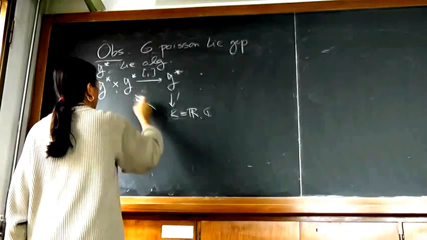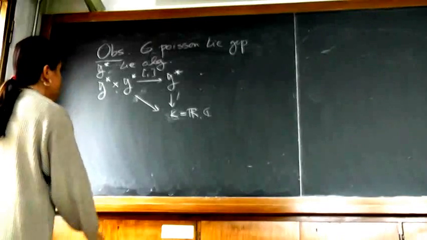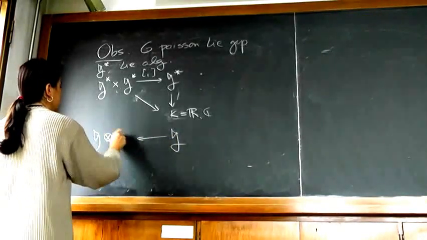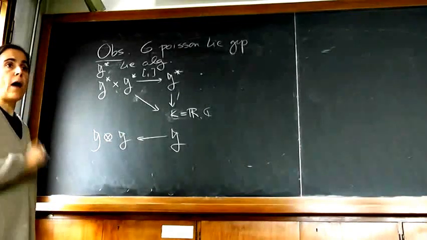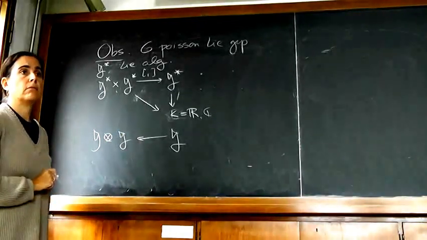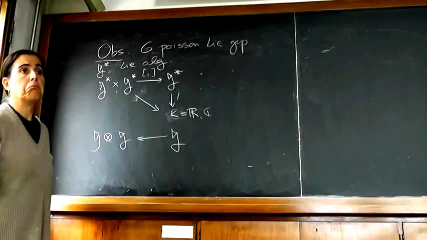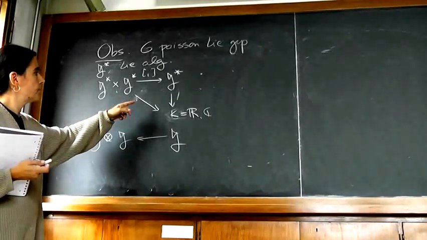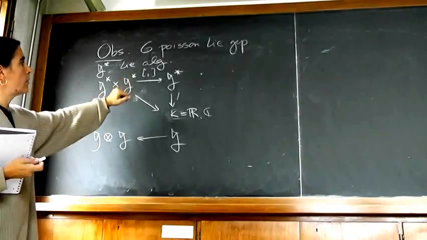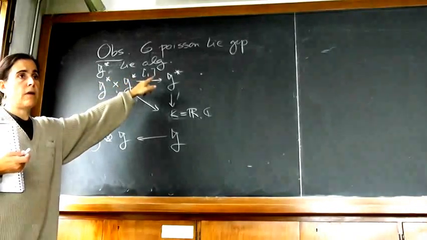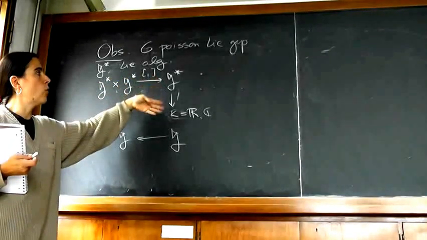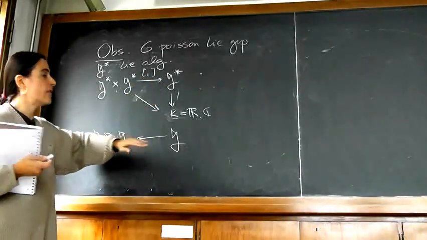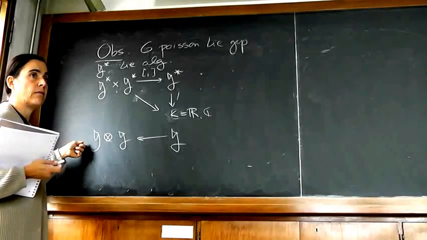You see that this gives us a map from G to G tensor product G by duality, right? You take the bracket, and then I'm looking at the dual. So if I do it by duality, this gives me a map the other way.